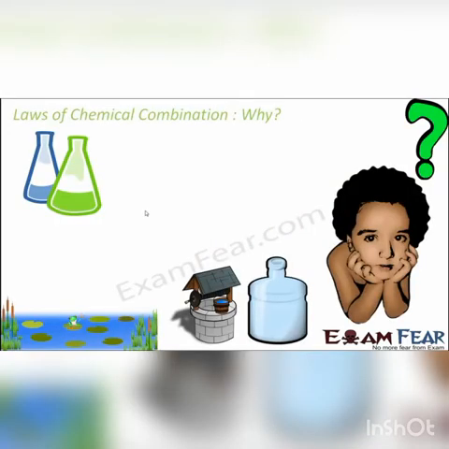Now, you must be thinking, why do we have the laws of chemical combination? We have 2 different laws. And these are all experimental data. Till now, as I told you, water has 2 and 16. That is the ratio. But why this specific number? Why for ammonia is it 14 and 3?